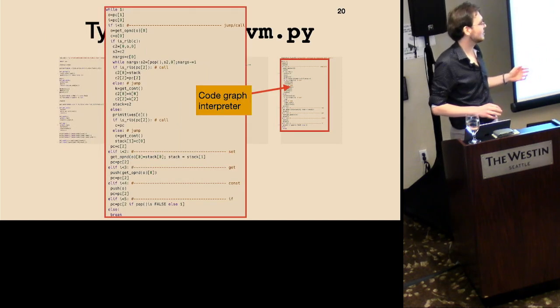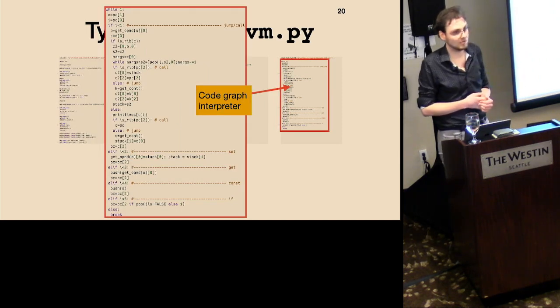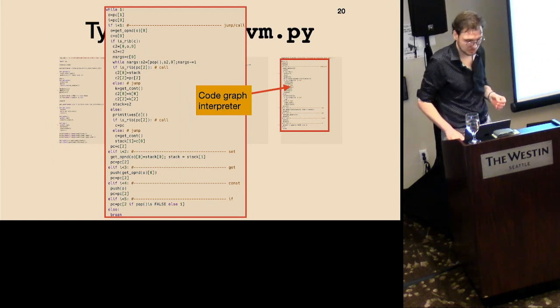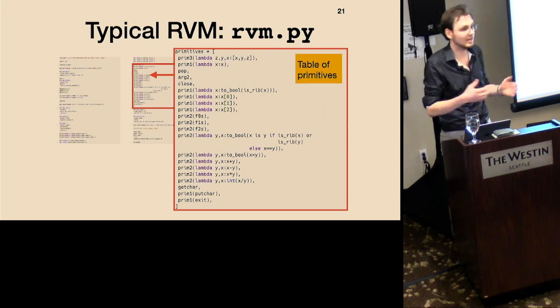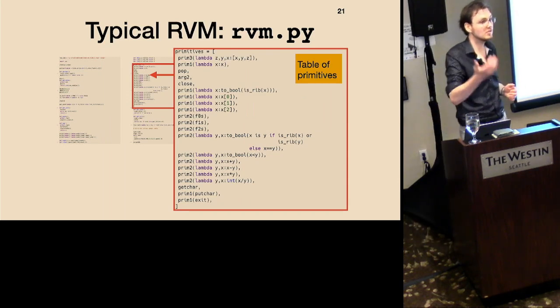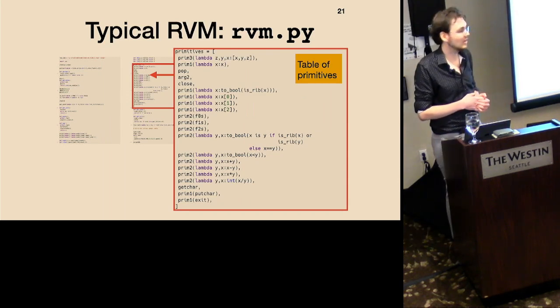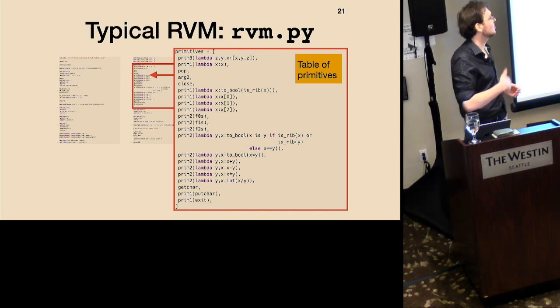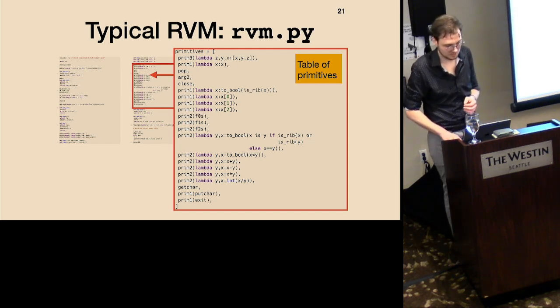We have a section that interprets the code graph, so it's running on the ribs and doing the different operations. And finally, we have a table of primitives that is going to be used by the RVM code graph executor, or the runtime, to know which primitive is being called.